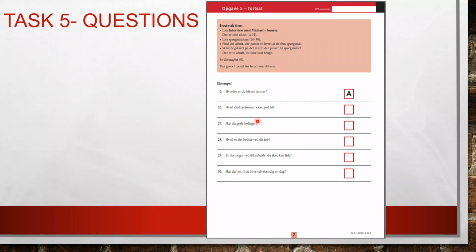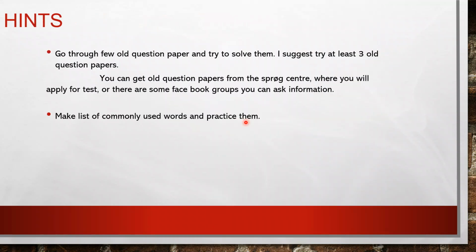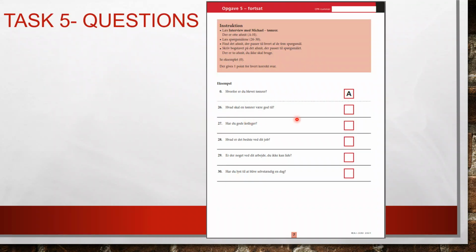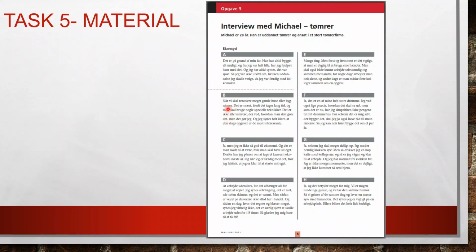Now to do this, you have to find out the correct words for these answers. You need to understand the question, and then there will be particular words, like yes or no. Here for example, some answer starts with yes.